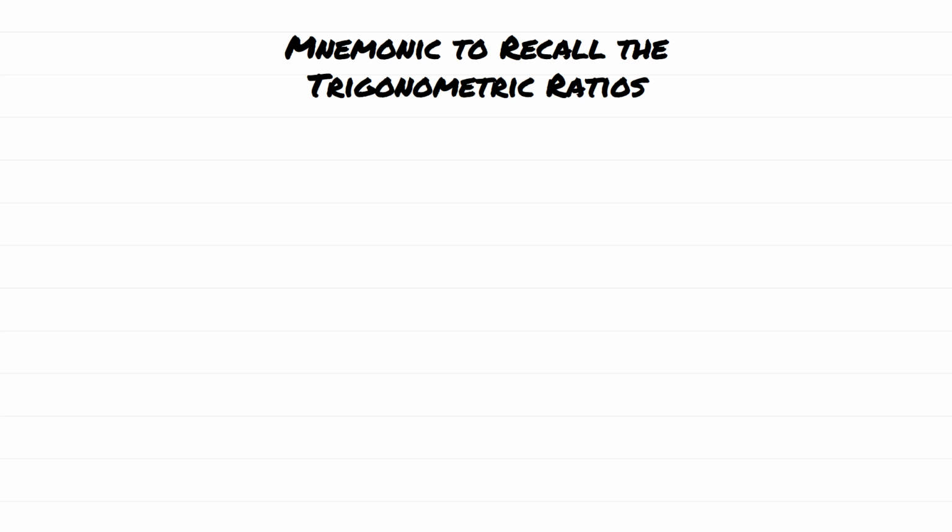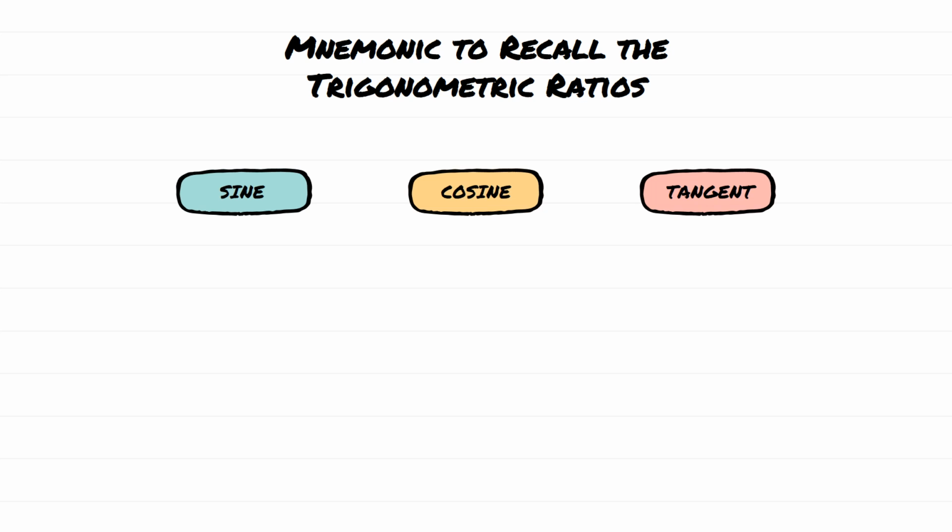Meron tayong mnemonic na magagamit para matandaan ang trigonometric ratios. Simulan natin doon kay sine, kay cosine, at si tangent. So, paano natin makukuha si mnemonic? Balik ulit tayo sa definition. Si sine, opposite over hypotenuse, diba? So, let us take the first letters doon sa equation. Sine, opposite, hypotenuse. So, S, O, H, makuha natin si SOH.